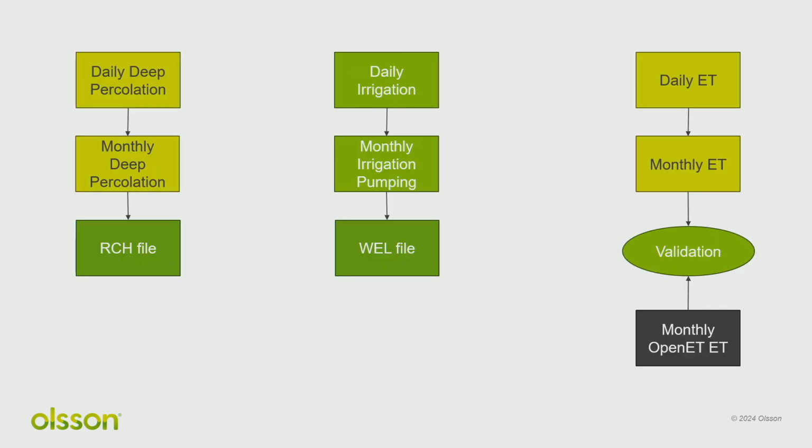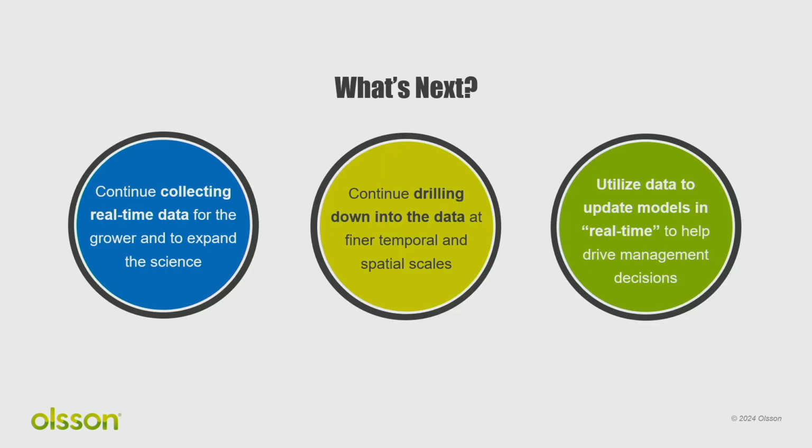And then where I think this is going to get really interesting, that's where we take the deep perk and the irrigation and apply it in the models for the recharge and well files for the groundwater model. But this validation, as I'm calling it here, when we look at what OpenET says the ET was, and what we are computing the ET to be based on all of the new data that we're collecting, I think that's going to be really fascinating, and I'm looking forward to sharing in the future.